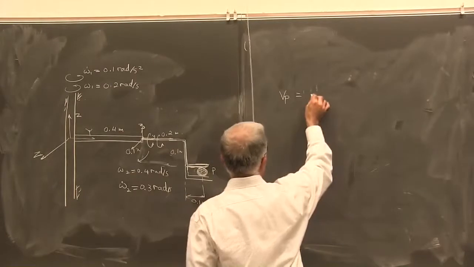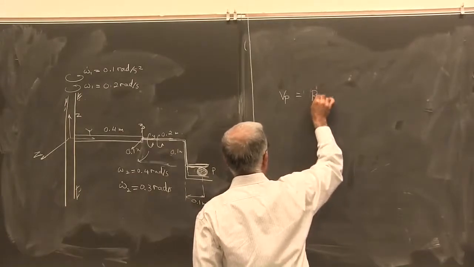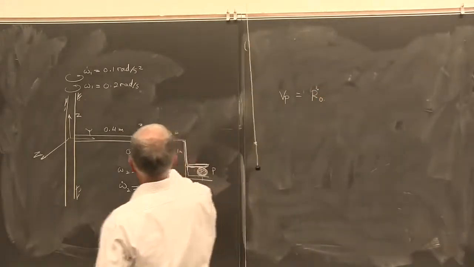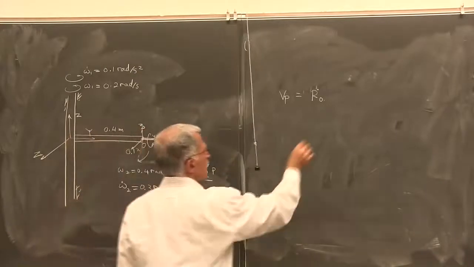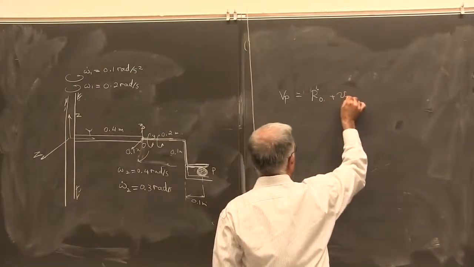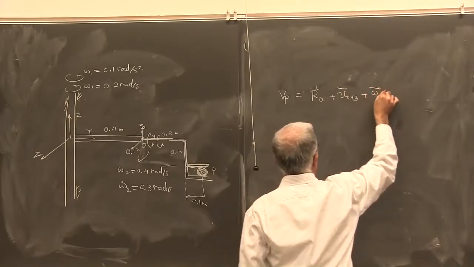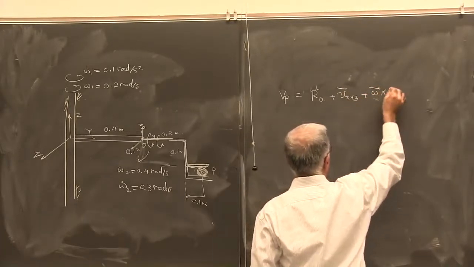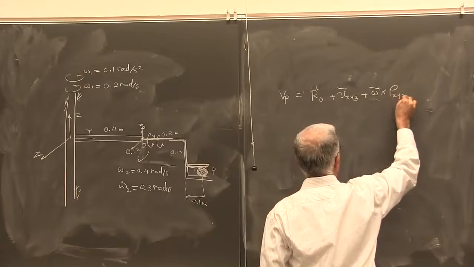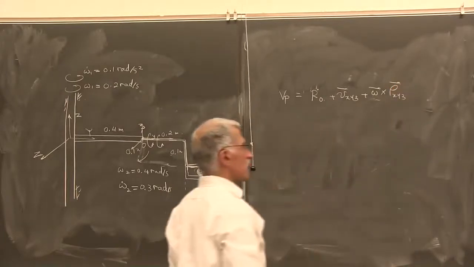Velocity of point P is equal to the velocity of r dot O, which I can call this point O, plus Vxyz plus omega, that this auxiliary reference frame is being rotated, times rho xyz.